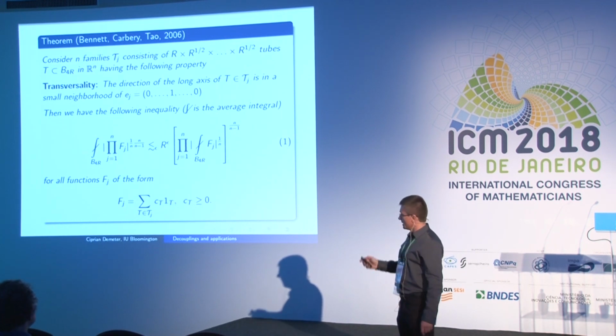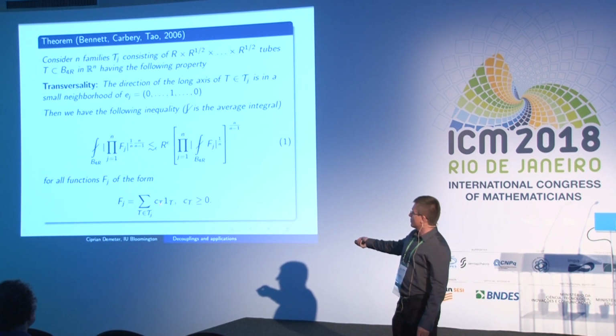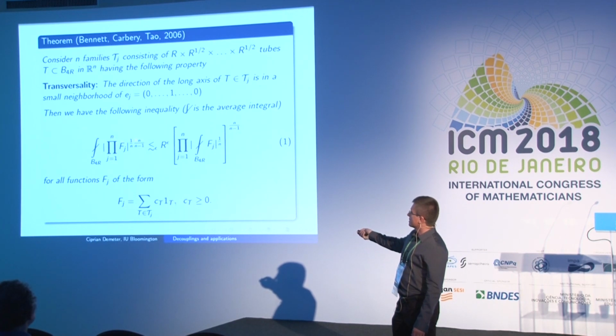and then you choose a family for each of the unit vectors. Then you give yourself some positive coefficients, you cook up the weighted characteristic function, and you try to understand the geometric average of these functions. It turns out that the correct LP space to investigate is n over n minus 1. This is the average over the ball.